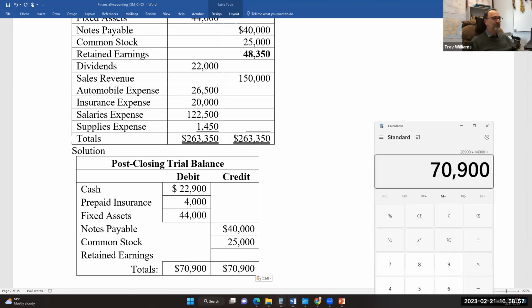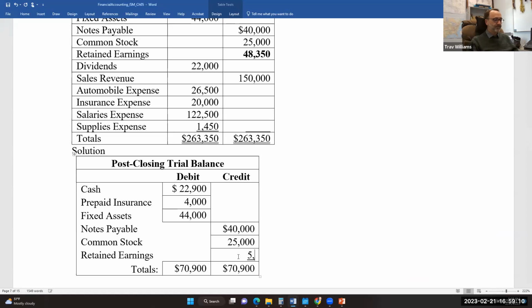So we could, if we wanted to cheat here, subtract the other two credits and figure out retained earnings must be the difference, 5,900. But again, that's kind of cheating because sometimes it might not be that easy. You might not have all of that information.